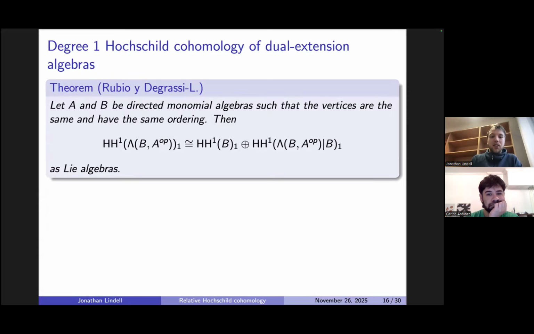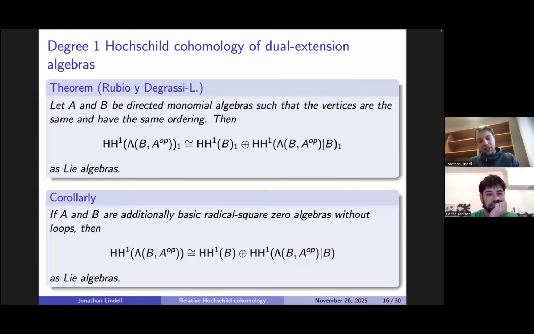And then in particular, if we make additional assumptions on A and B, so we assume that they are radical square zero and they don't have any loops, then degree 1 of the Hochschild cohomology is the whole thing. This is the only thing that we have.